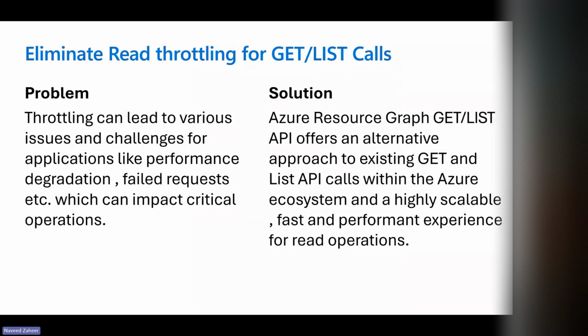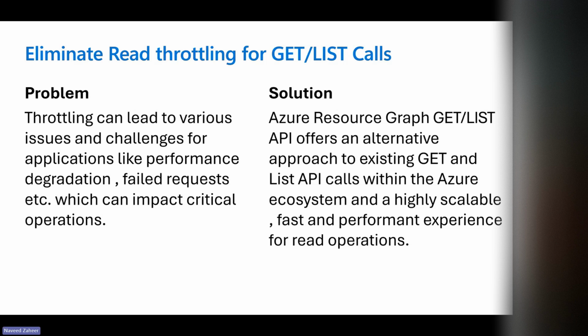And those requests fail because of ARM throttling. Think of it: a number of teams are making these requests, and you come across this quota. There is an issue with the quota, and those requests fail. You have to retry them or ask to increase the quota, all of that.